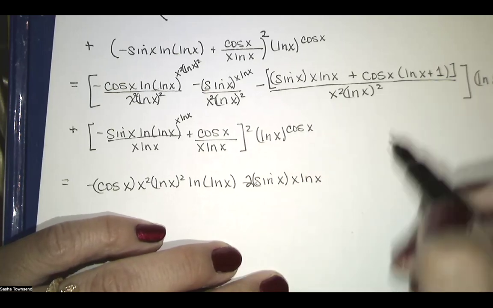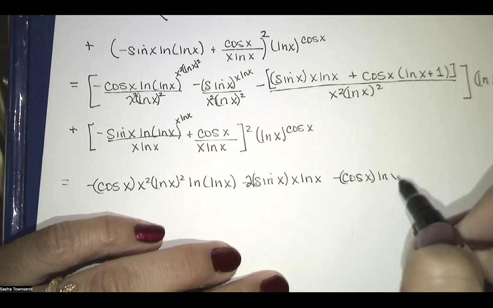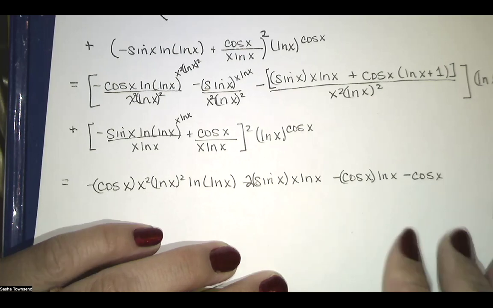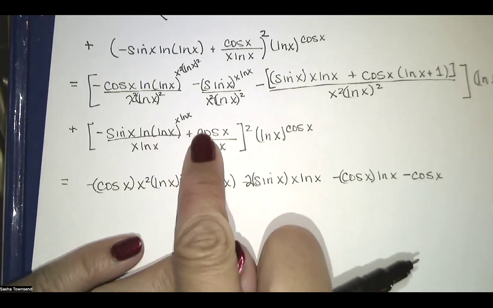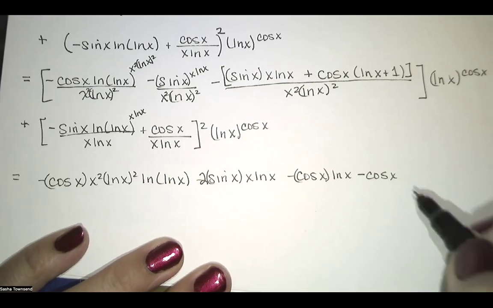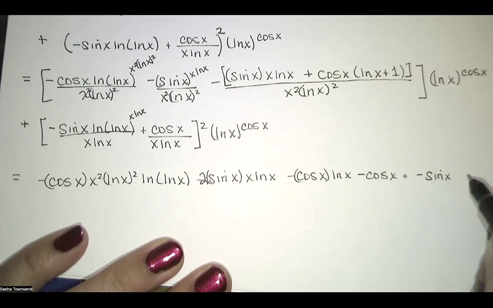We're subtracting cosine of x times natural log of x, and we're subtracting a cosine of x just by itself. And then here, I've got negative sine of x times x natural log of x times natural log of x.